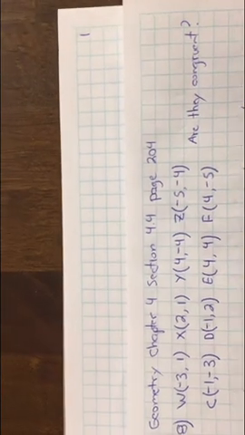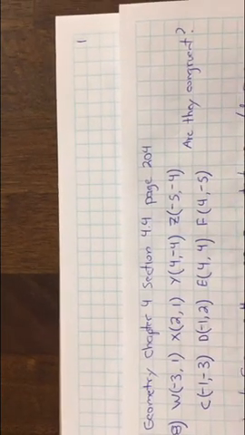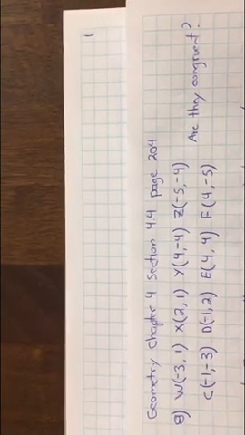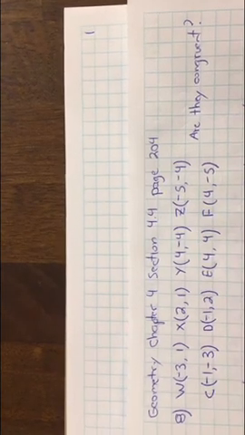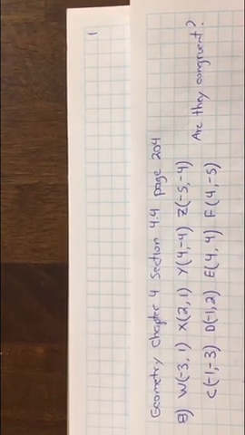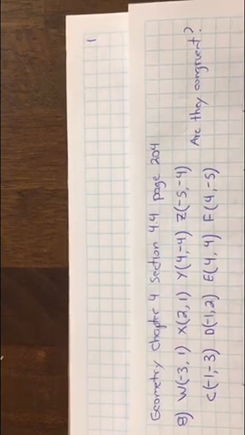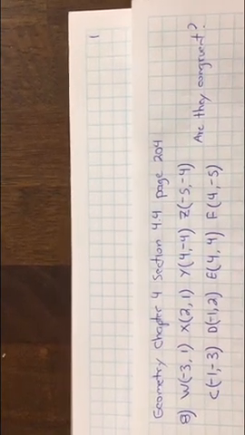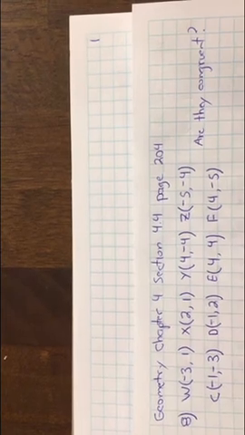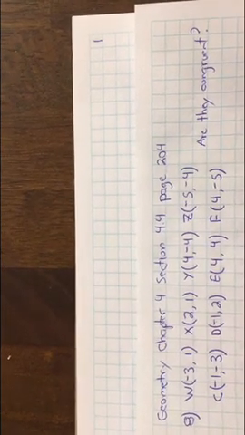So the question is, are they congruent? Well, if I could identify a rule or two or three, in this case it's going to be 2, to describe the transformation, then I can say yes, they are. So I look at point W and I look at C. I see a pattern.